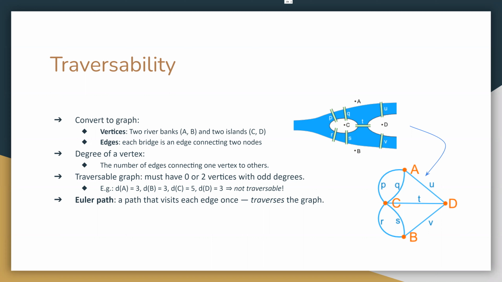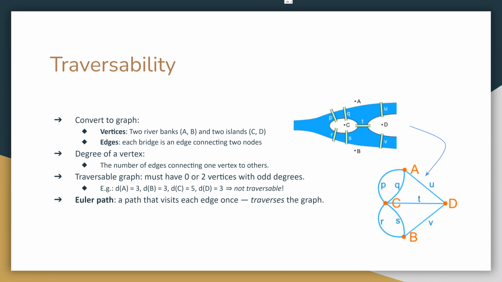if you want to be able to traverse the graph, you can have either no vertices with odd degrees, or two vertices with odd degrees, like 3 or 5 or 7, those kinds of degrees.